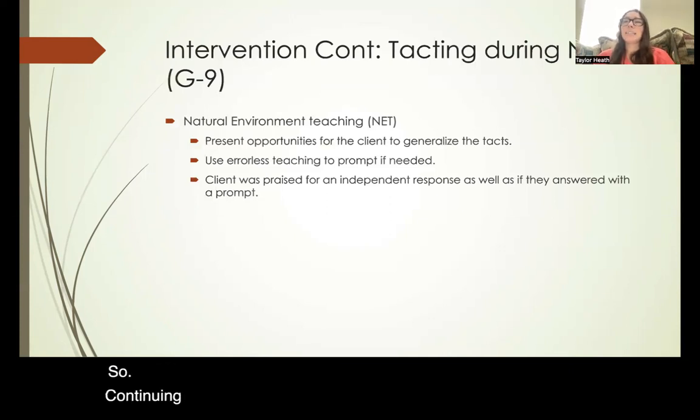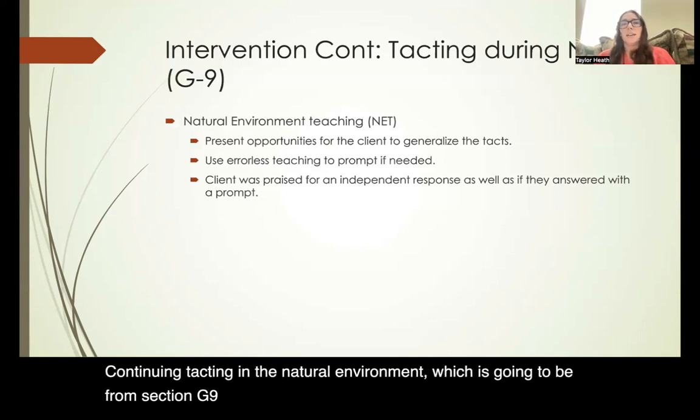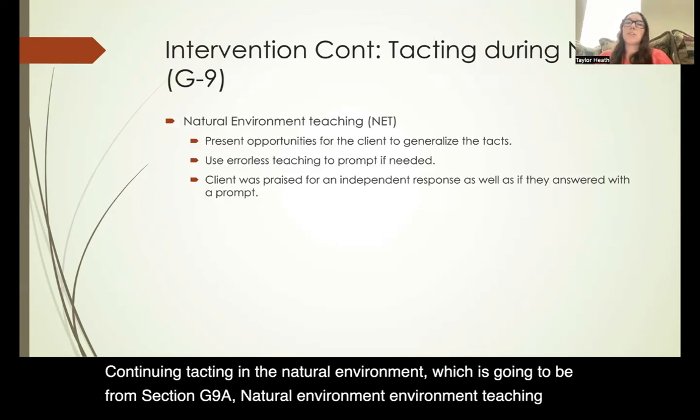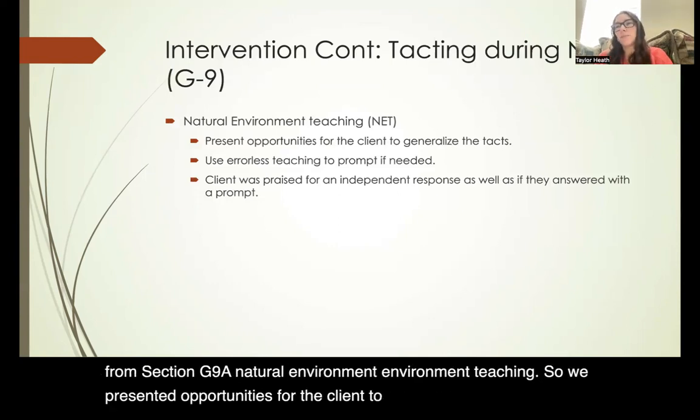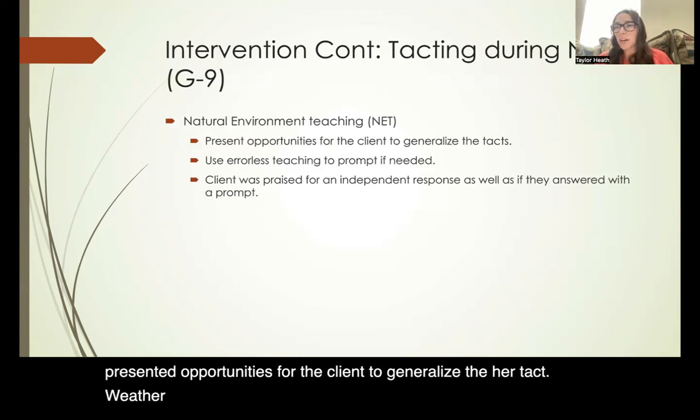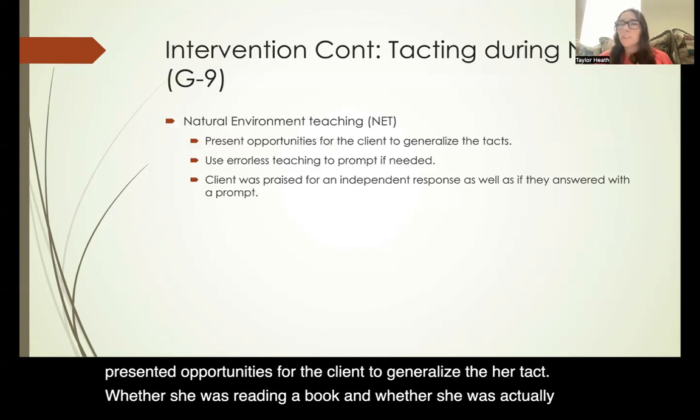Continuing tacting in the natural environment, which is from section G9, natural environment teaching. So we presented opportunities for the client to generalize her tact, whether she was reading a book, whether she was actually eating her apples, or when she was playing in the toy kitchen.